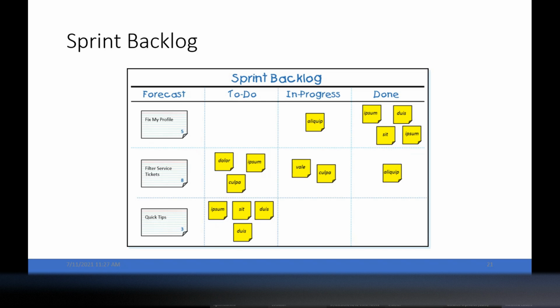Now the sprint backlog. What does this sprint backlog mean? We are keeping a log of the forecasted work. It's like we want to spend 5 days to complete this task, and this is the task that we have to do.